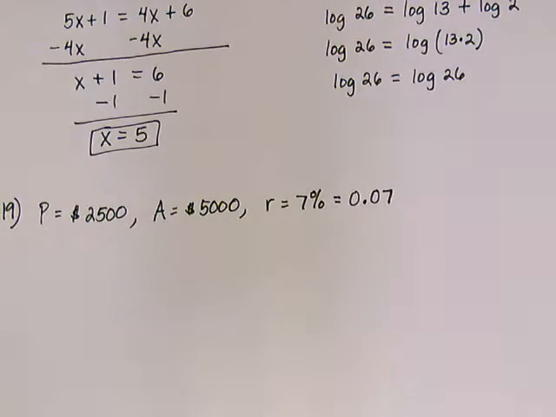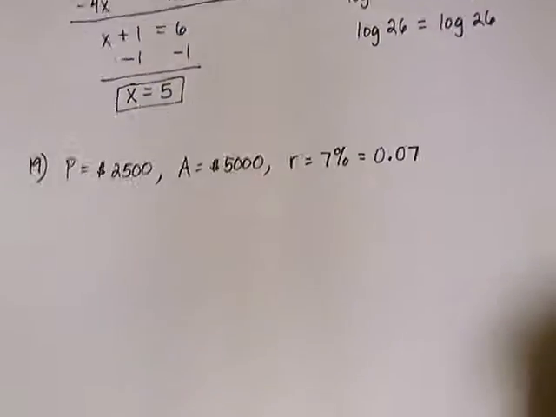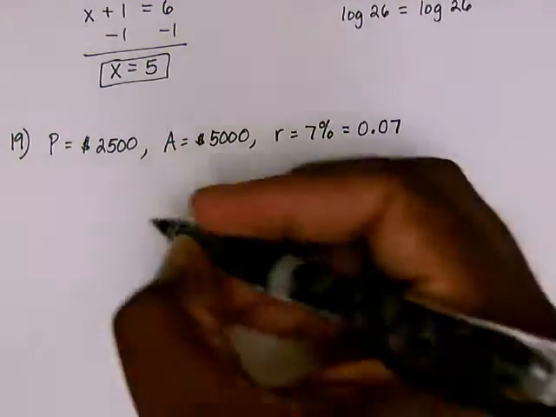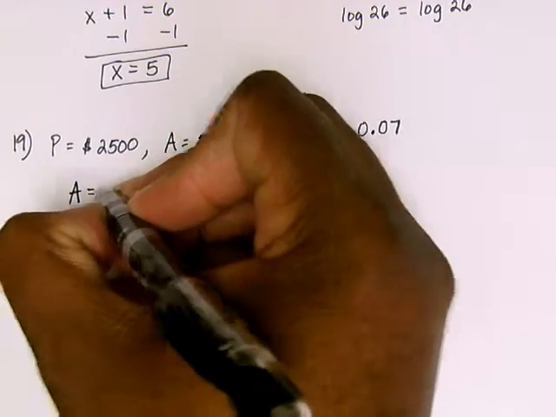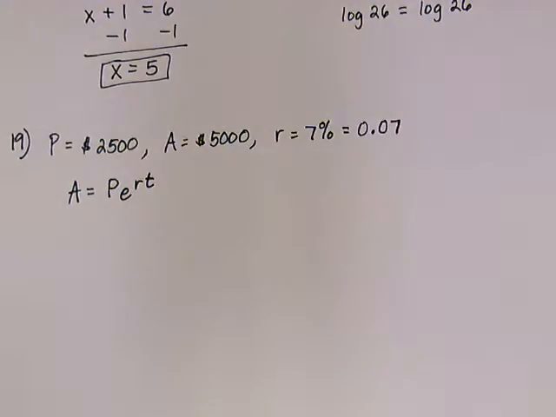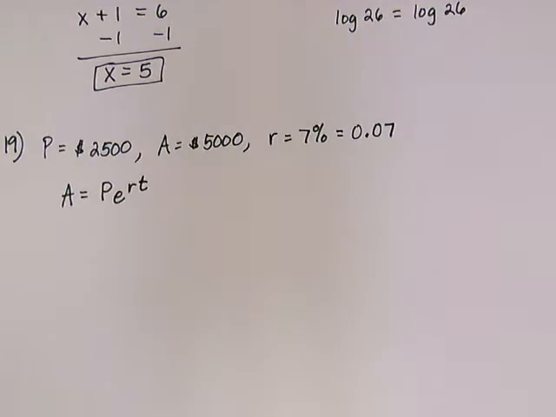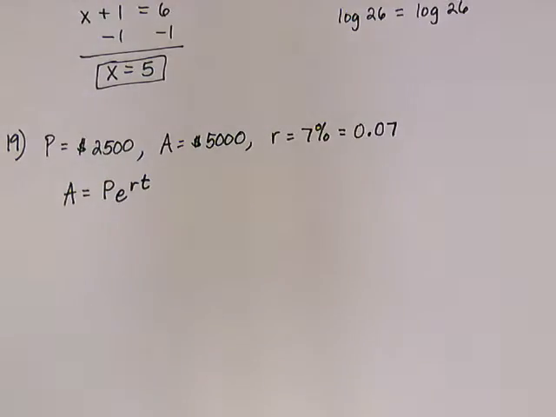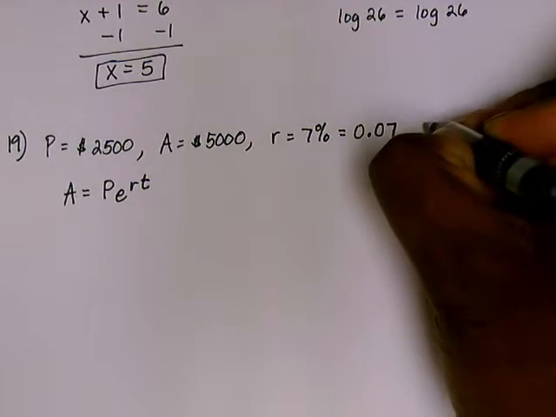And it's compounded continuously, so we must use this formula. A is equal to P times e to the RT. And then substitute those values into that formula. We're finding out what T is.